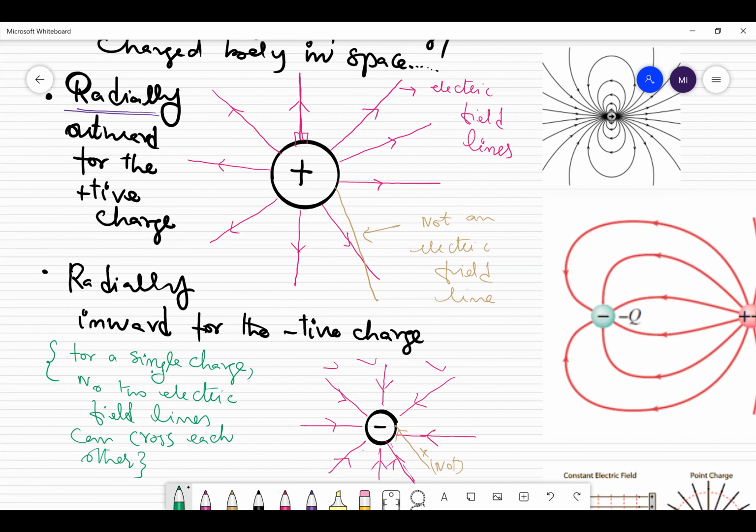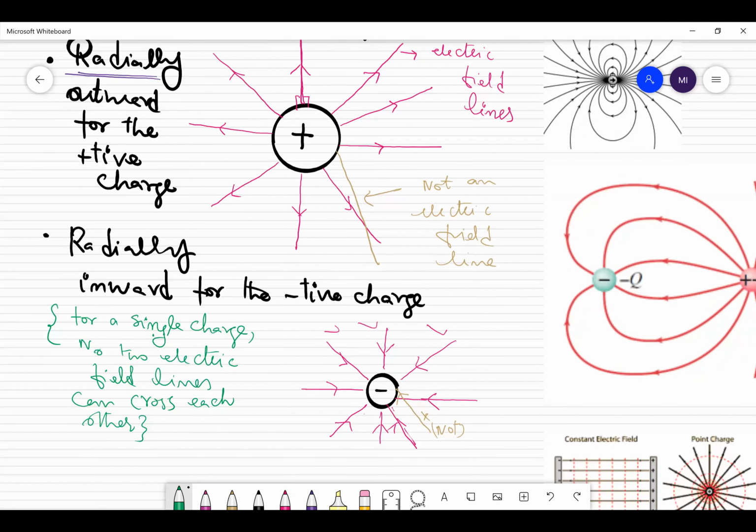So this is what you must learn, that this is one of the reasons they are drawn radially outward or inward for single charges, so that they may not cross.